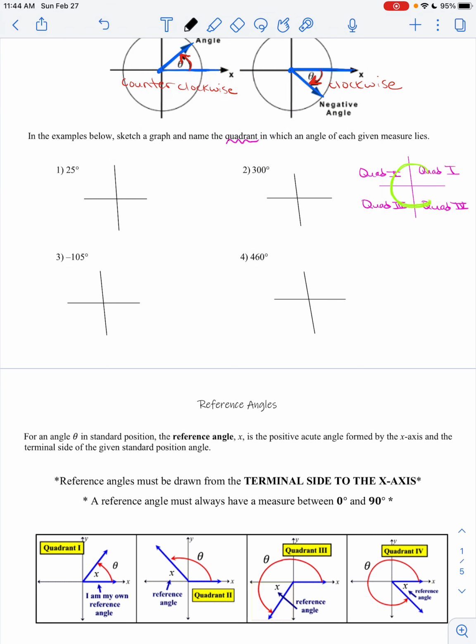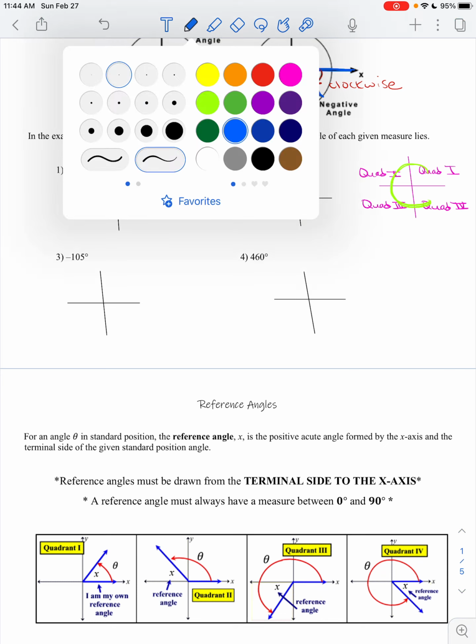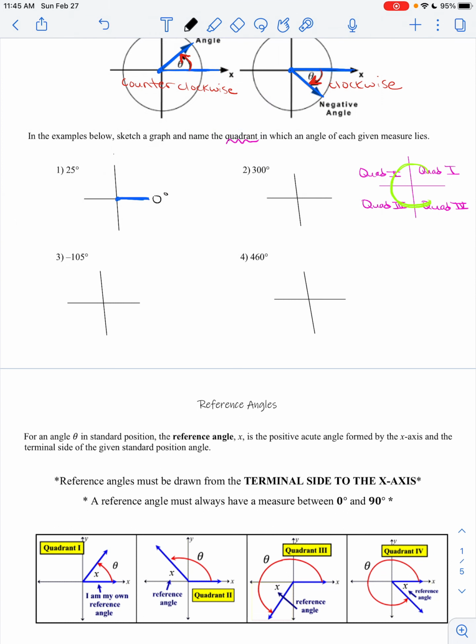So the first thing that you want to think about is that when you're over here, my vertex is 0, 0. Here's my initial side. If I were to go all the way over here, this would be 90 degrees. And if I were to keep going, each quadrant would be 90 degrees.